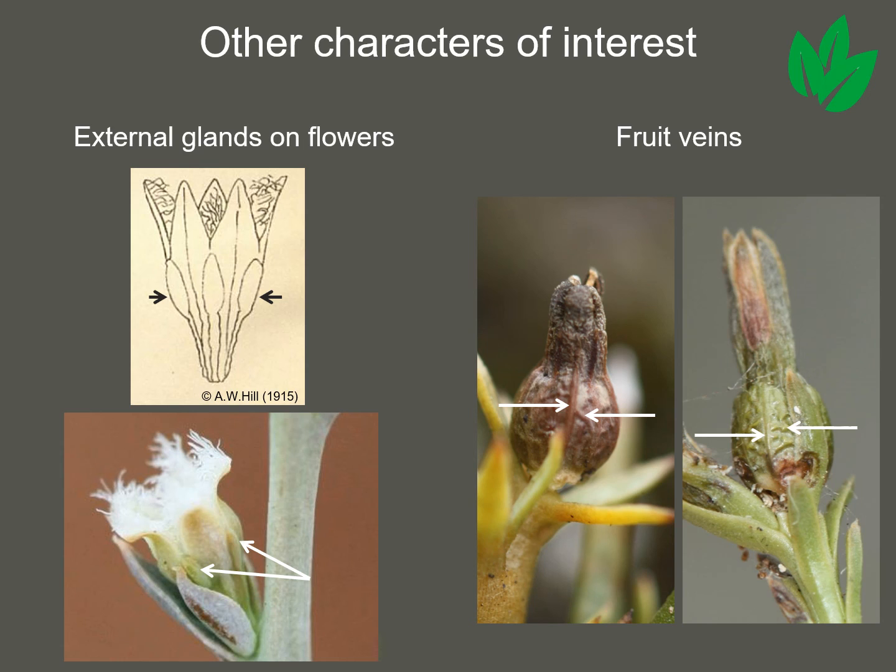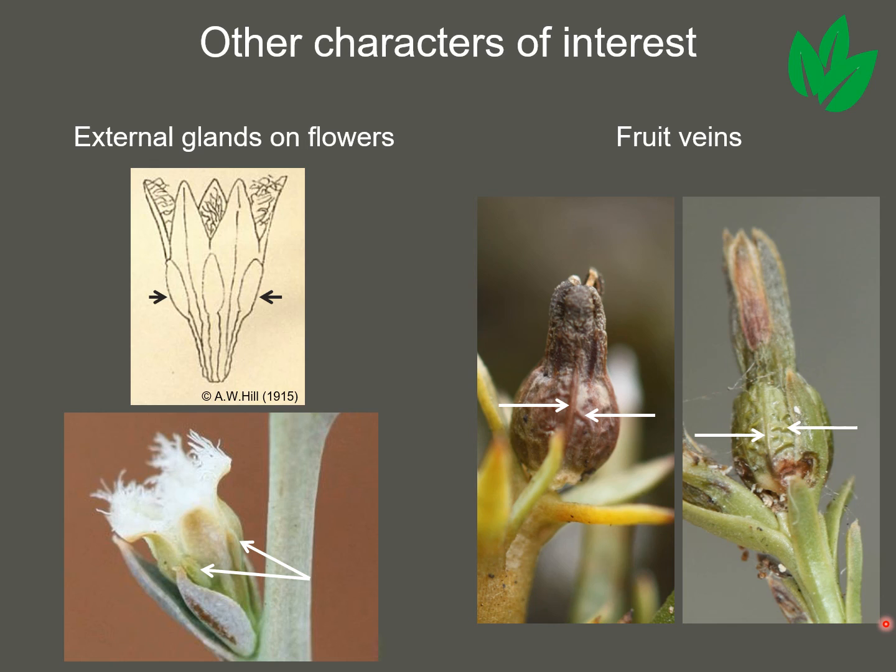The first character is the presence or the absence of external glands on the outside of the flower. So there you can see these glands that alternate with the flower lobes. And we've noticed that they can vary from completely absent to very prominent within a single species.